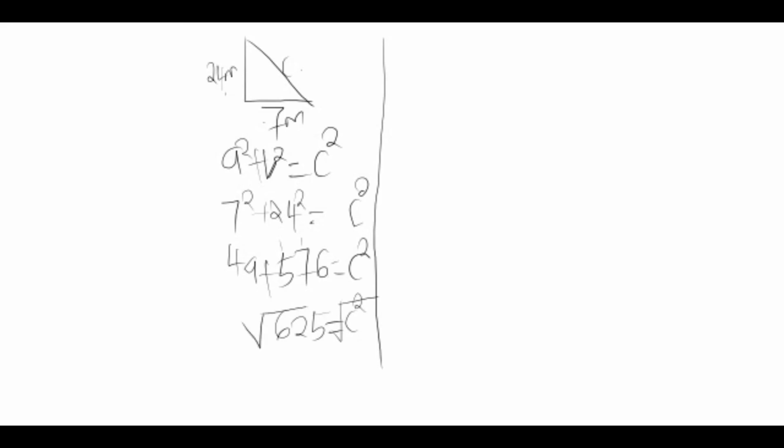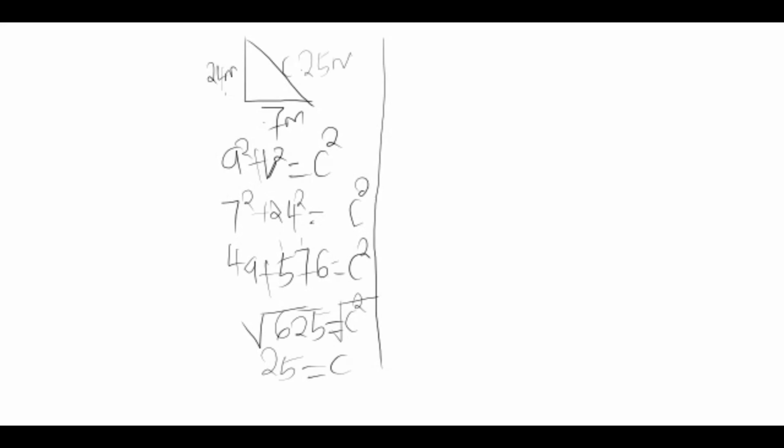So the square root of 625 should give us c. So we know the square root of 625 is 25. So we have 25 equals c. So this place is 25 meters.